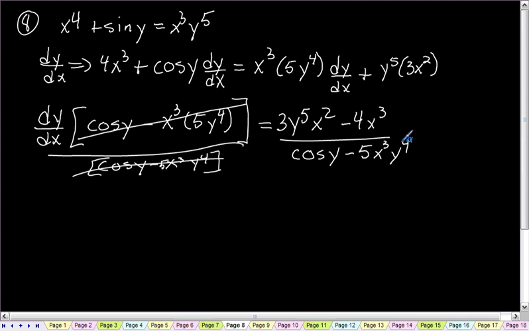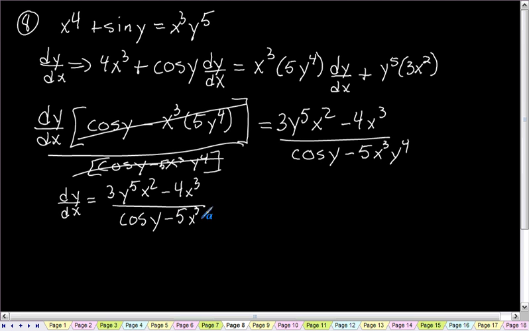I really can't pull anything out. I can pull an x squared from the top, but I can't pull any numbers really. So that's as far as I can go. dy/dx is equal to 3x squared y to the fifth minus 4x to the third, all over cosine of y minus 5x cubed y to the fourth. That is the derivative.